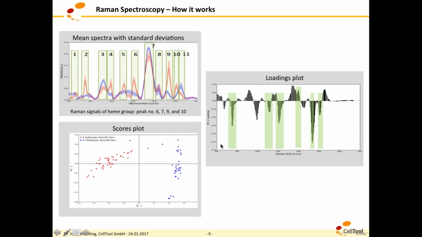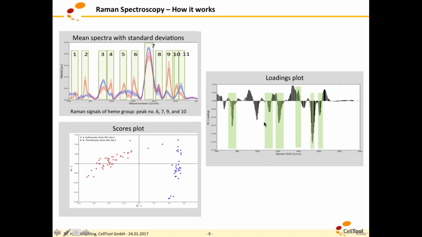Beside the scores plot, you get the so-called loading plots, in which you see which part of the Raman spectra are most important for the distribution of the data within the scores plot. The larger the peaks in the loadings plot, thereby it doesn't matter if positive or negative, the more important this part of the spectra is for the distribution of the scores here.